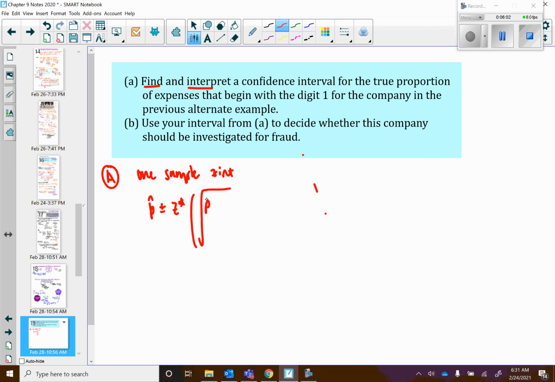Actually, it's a standard error, but square root of p hat times 1 minus p hat all over n. And maybe we have to flip back to remind ourselves, but what were our pieces in this puzzle? p hat was that 68 out of 300. Our sample size then is 300.